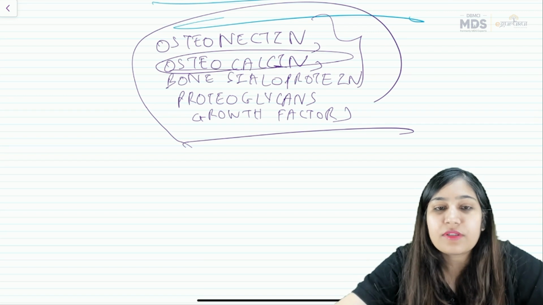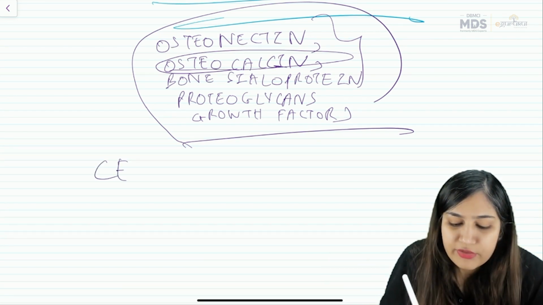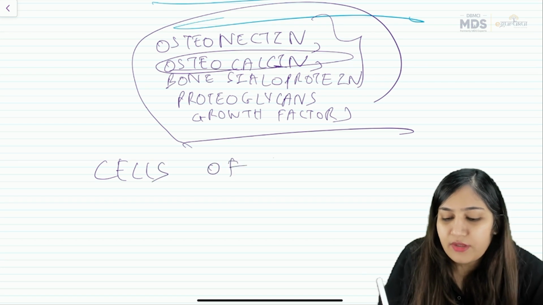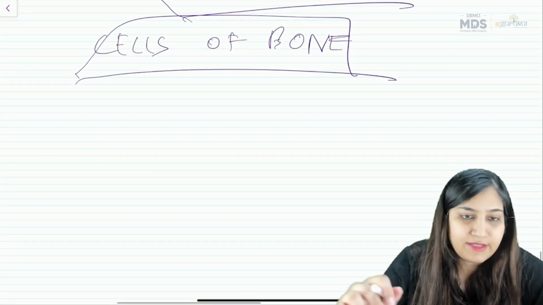Now coming to the structural elements of bone, mainly cells. Cells of bone. Which will be the cells of bone? Four types of cells are present here.